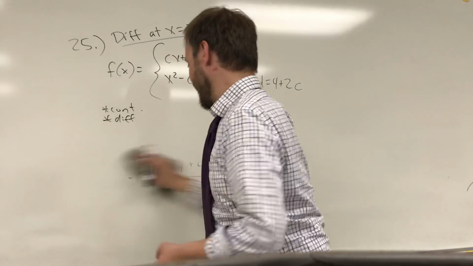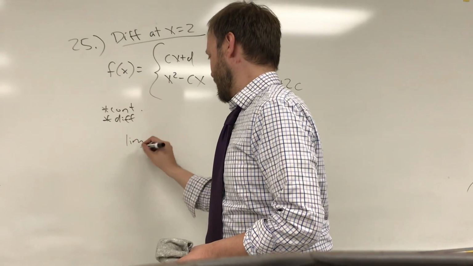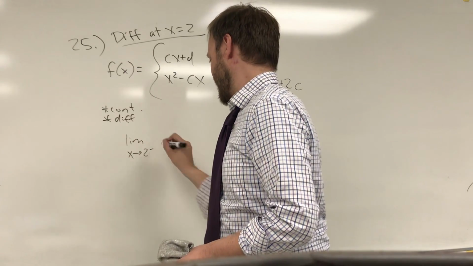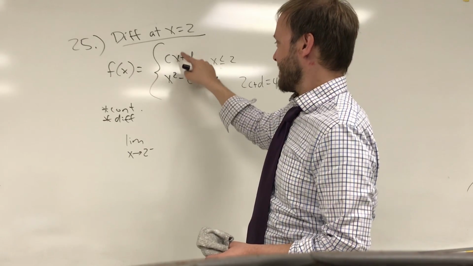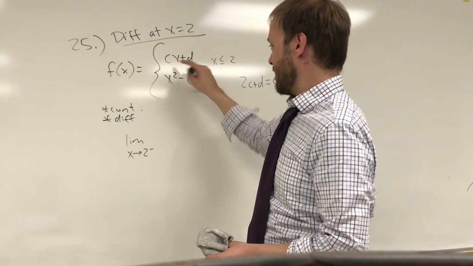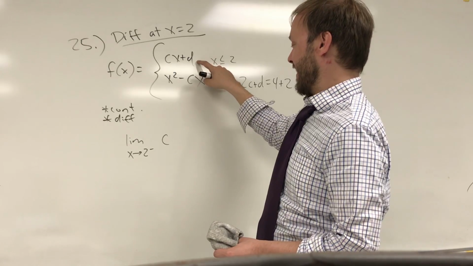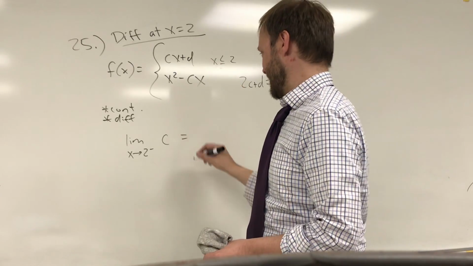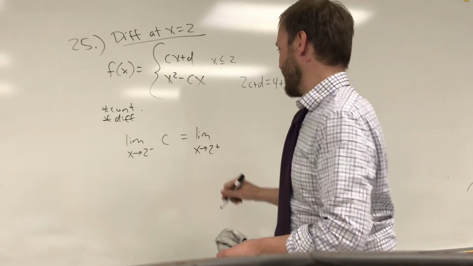And so now we need the limits of the derivatives to be equal, okay? And so we'll take the limit of the derivative coming from the left. This is the one where x is less than 2. That's a constant, so power rule here. 1 times c, drop the power by 1. We just get c. Derivative of a constant is 0, so that's gone. That's a really easy one. And then we need to look at the limit of the slope over on the other side.